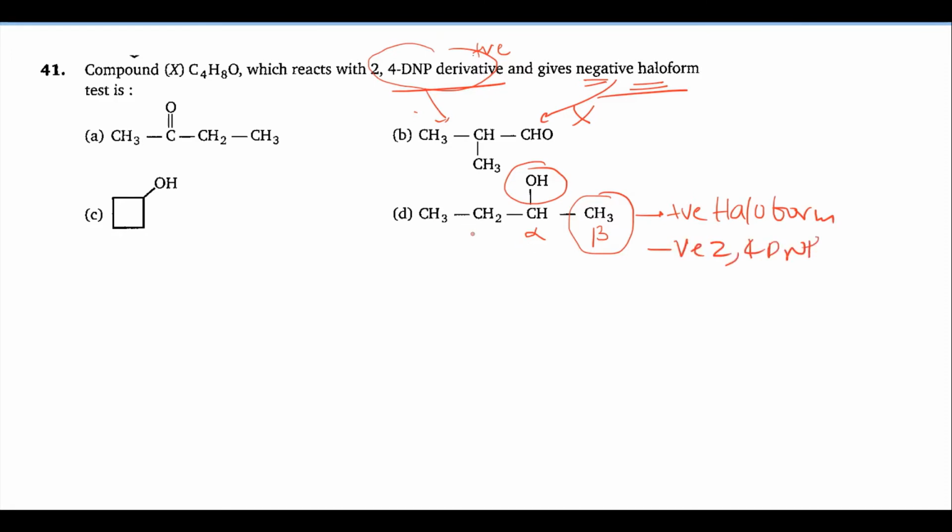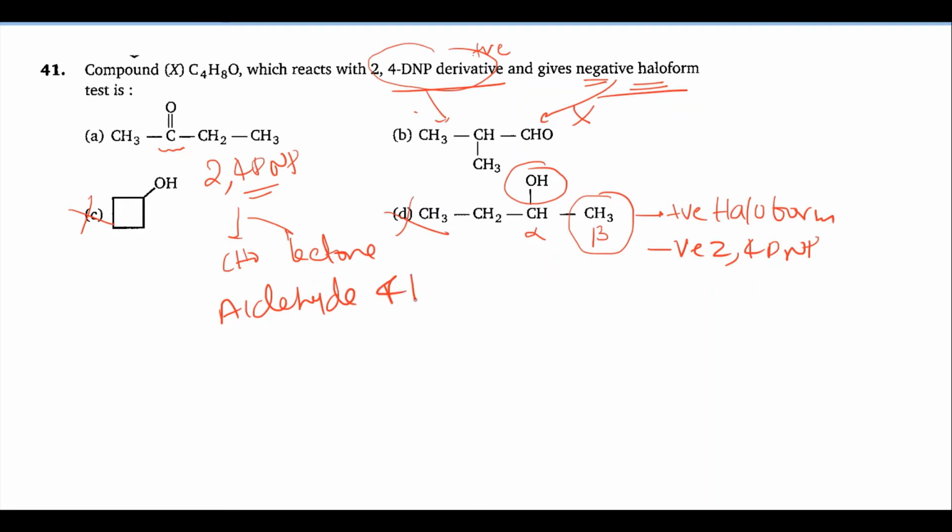And this gives a negative 2,4-DNP test. So option D is not possible, and this is also not possible. Here you can see this gives the 2,4-DNP test, because the 2,4-DNP test is given by both aldehyde and ketone.